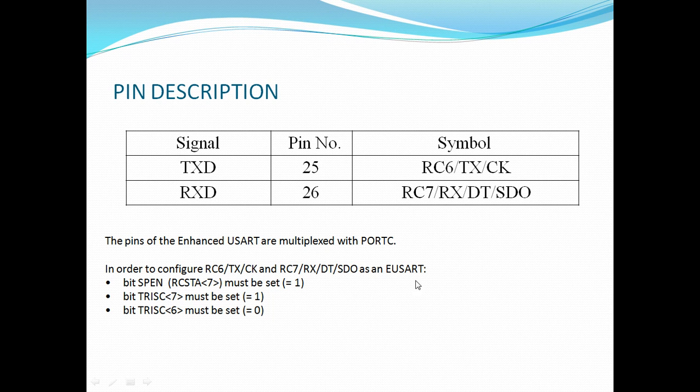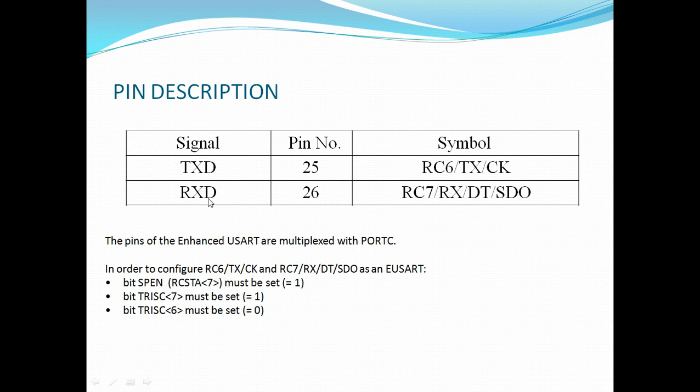But if we are going to use these pins, these particular three things we need to set up while establishing communication between microcontroller and personal computer or any other data communication equipment. You can see here, serial peripheral enable bit or serial port enable bit is used for establishing the serial communication.